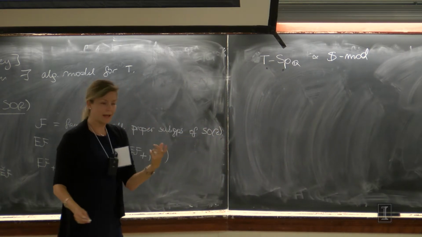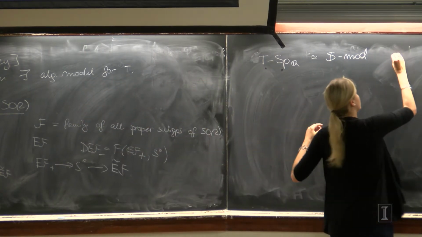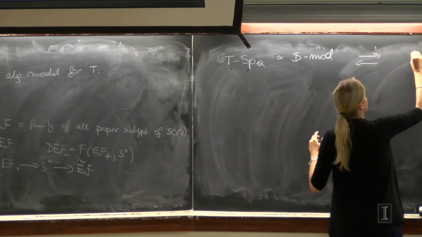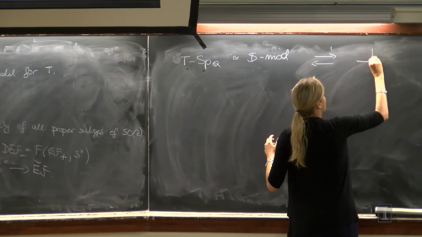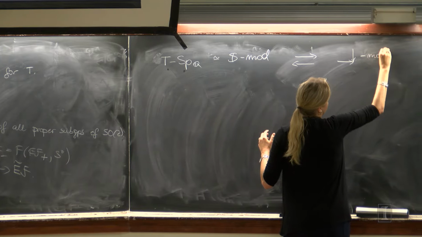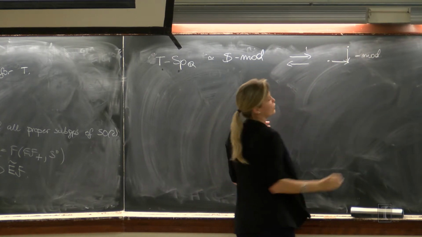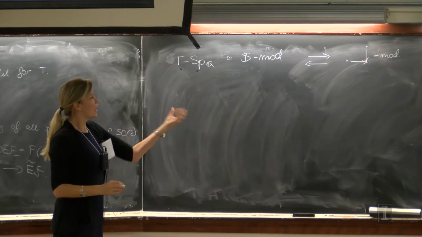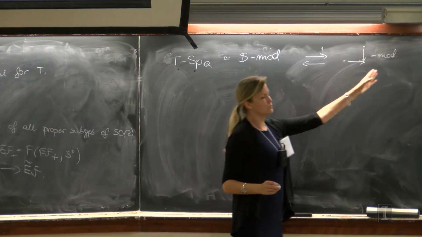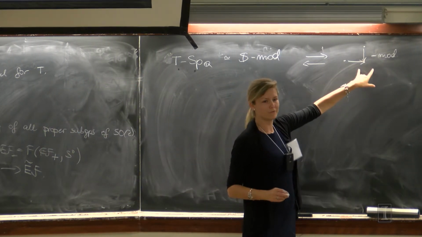If I split S, I can move down now to the category of modules over this diagram, a diagram of ring spectra. Okay? I didn't tell you precisely what that would mean, but there's a way to make it formal.